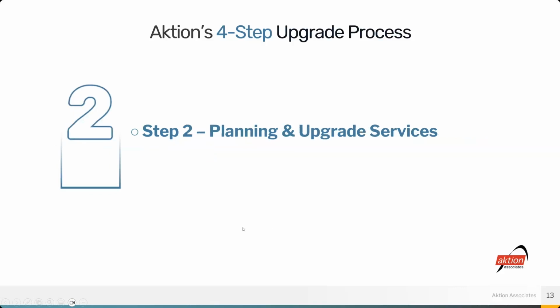Step 2 is taking that information that we learned from the readiness report, going into a process here for planning that migration, and then taking that information to actually upgrade or configure the Vantagepoint system.